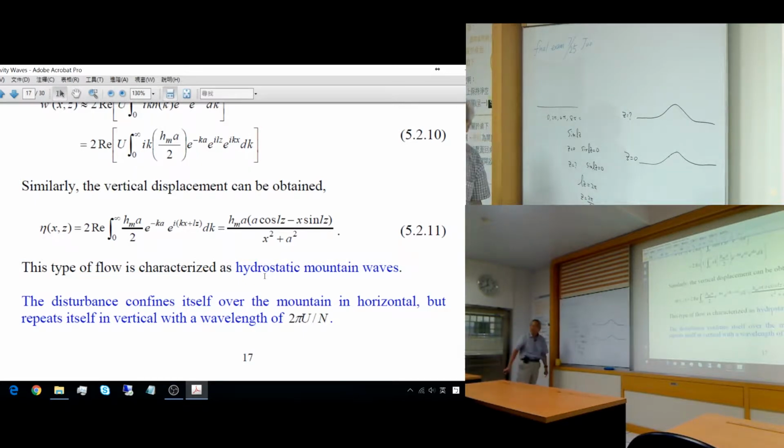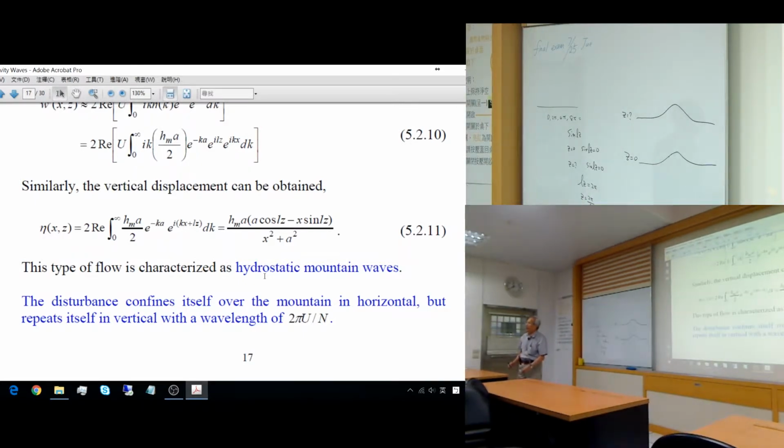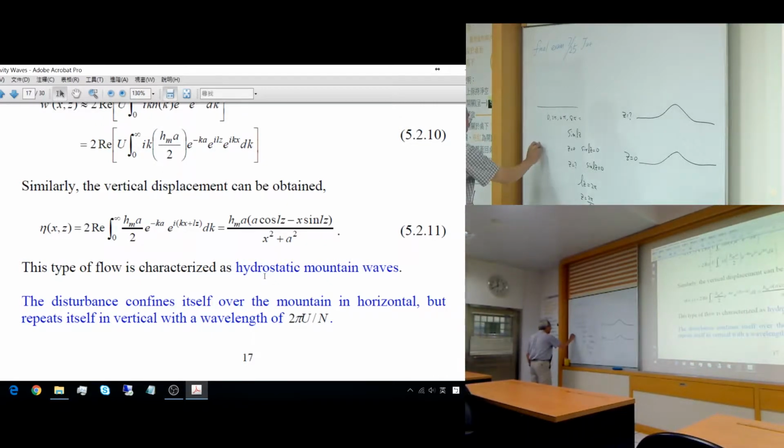What's L now? Come on, what's L? L is the square root of N squared divided by U squared, so that's N over U. Remember, L squared is N squared over U squared minus Ugg divided by U. We assume no shear or constant shear.